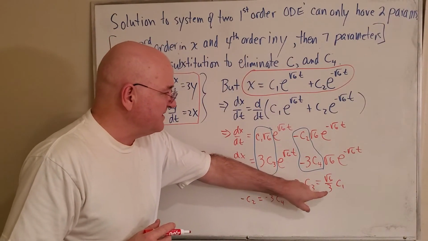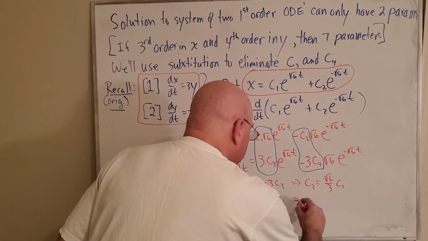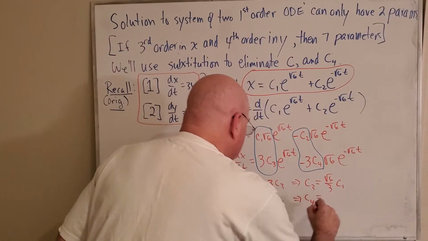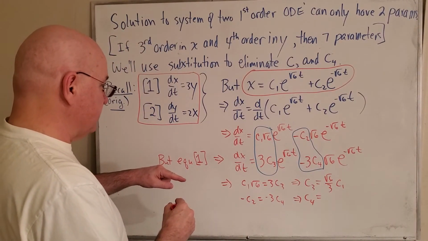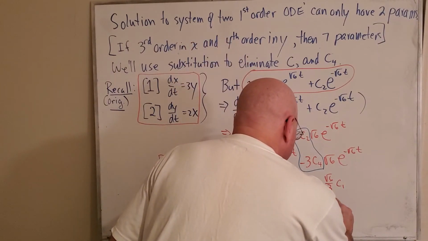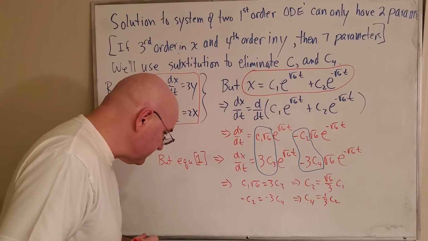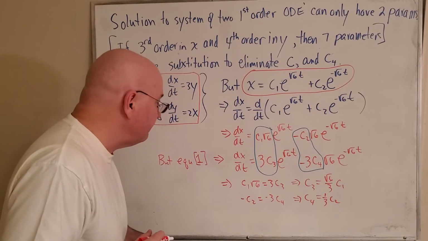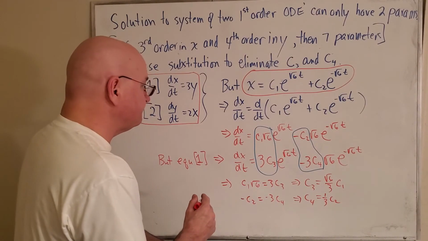We got rid of it because it's now going to be radical 6 over 3 c1. And this is going to be c4 equal, divide by negative 3, it's going to be a positive 1/3 c2. Let me make sure that's what I got here. C3 is that. C4 is, oh, I missed a radical 6.